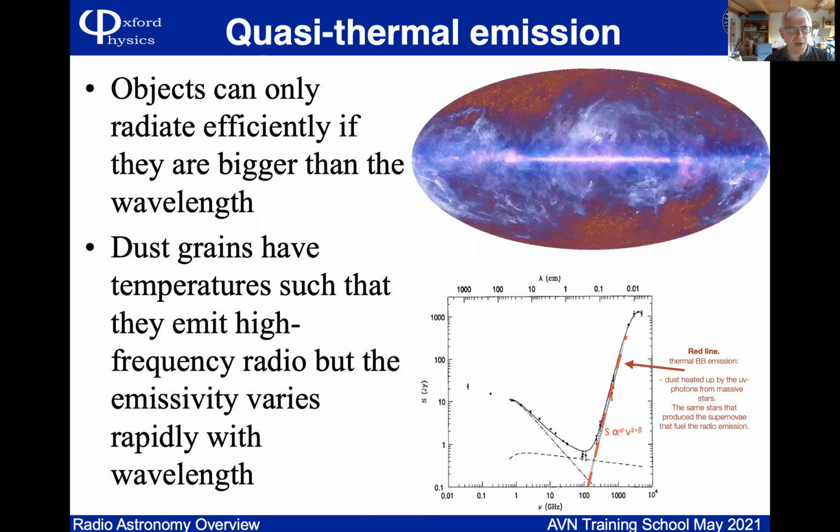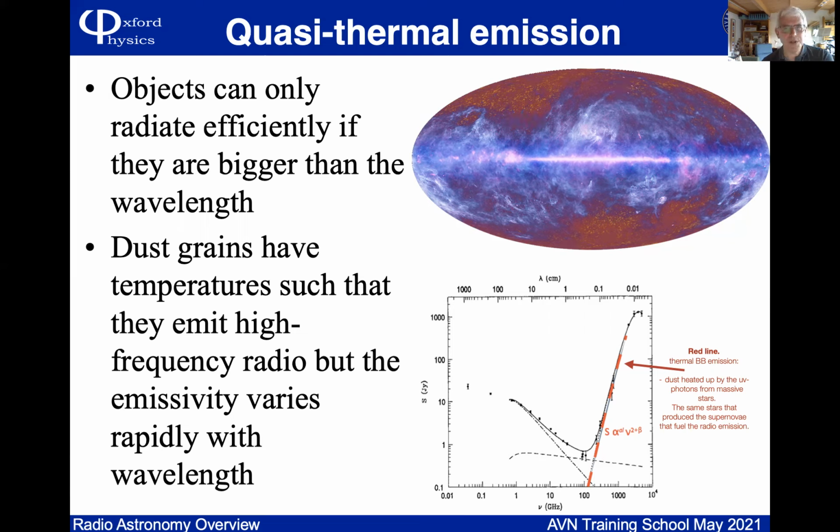There's also something on the upper edge of the frequency range of radio, where we start to see a kind of thermal emission. There's obviously a lot of dust in the Milky Way, and it emits a lot of radiation at about 100 gigahertz and upwards.